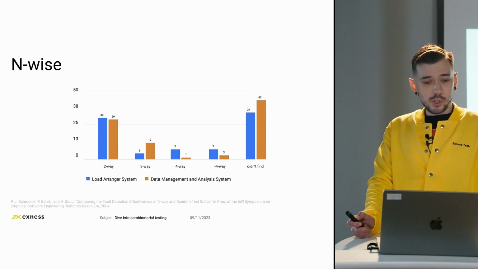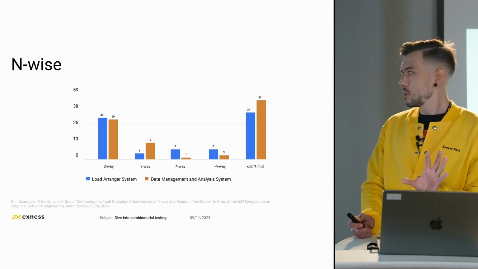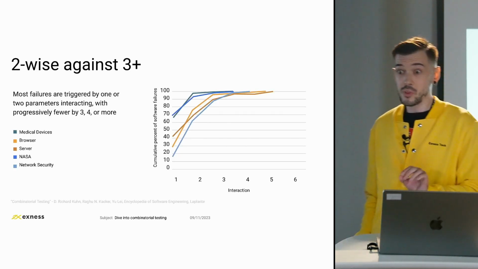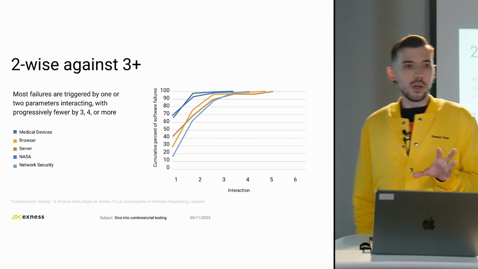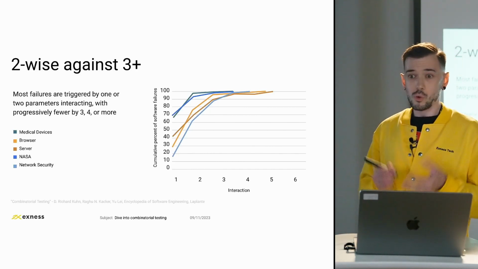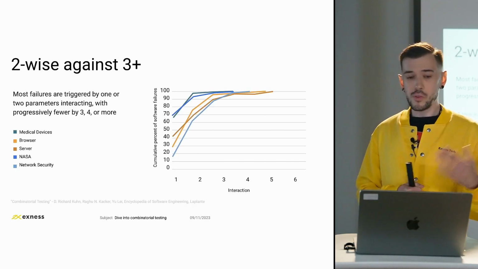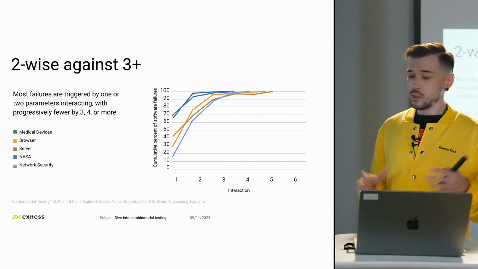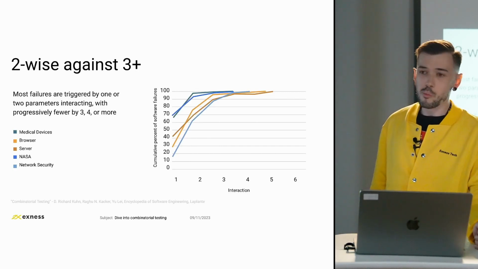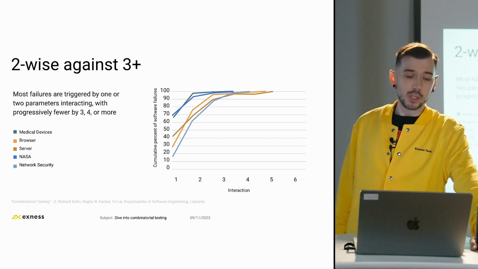Okay, sometimes you see that 3-way and 4-way testing can be the desired way. And here's another study, probably the most complex, or one of the most complex that I'm aware of. You can see they tried to compare different information about different projects.